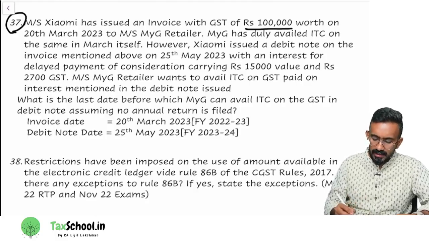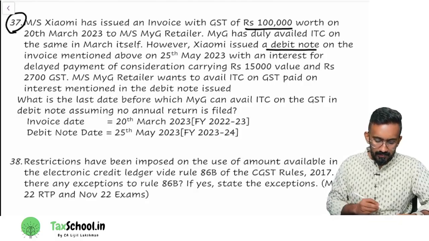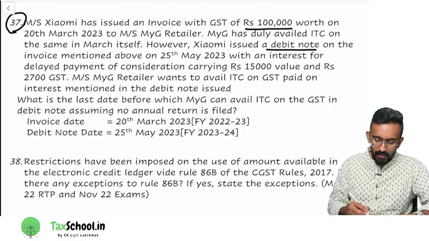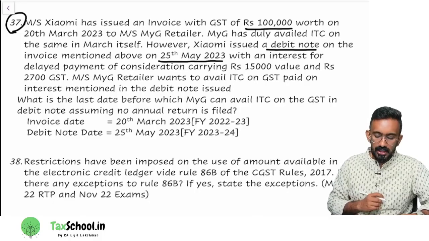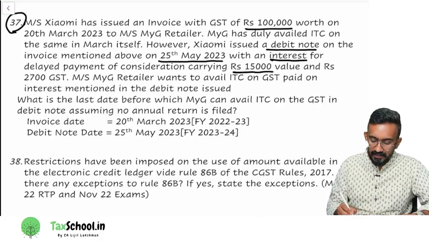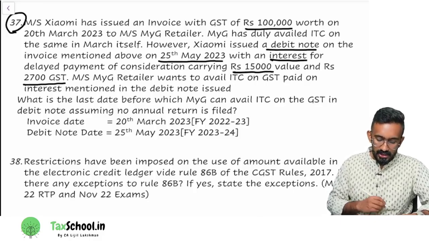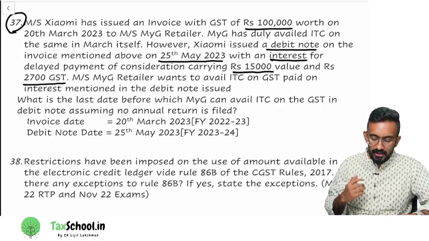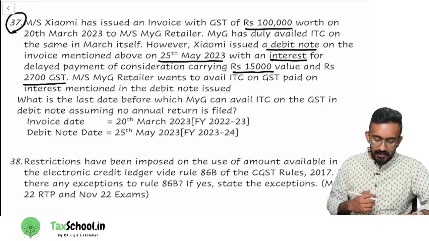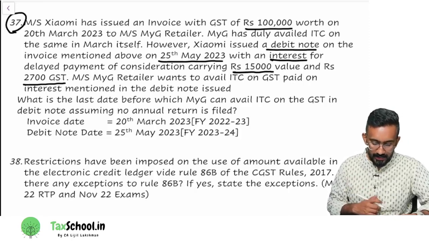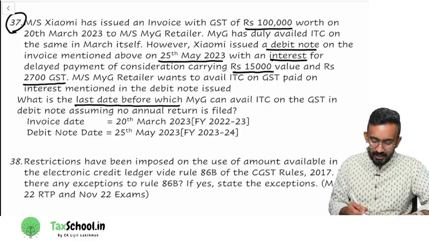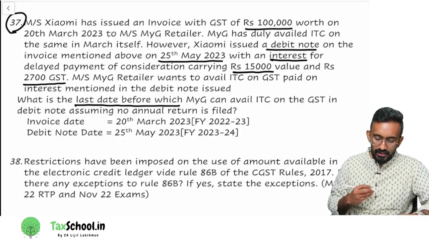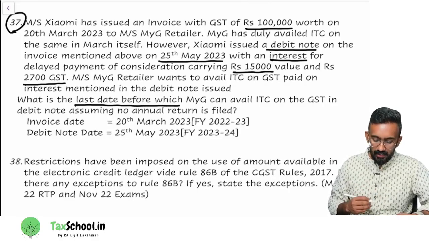However, later Xiaomi issued a debit note on the invoice mentioned above on 25th May 2023 with interest for delayed payment of consideration carrying 15,000 value, 2,700 GST. MyG retailer wants to avail ITC on the GST paid on interest mentioned in the debit note issued. What is the last date before which MyG can avail ITC on the GST in debit note, assuming no annual return is filed?